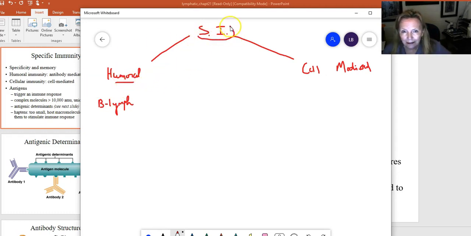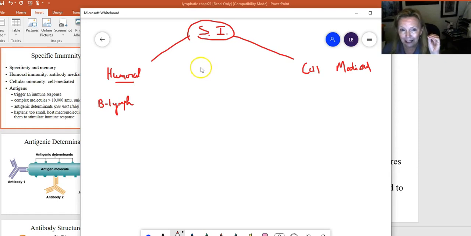When the body encounters a specific foreign antigen, and remember, antigens are proteins, and each microorganism, each microbe, and each living cell has its own unique antigenic molecules that are uniquely their own. Every species is different.